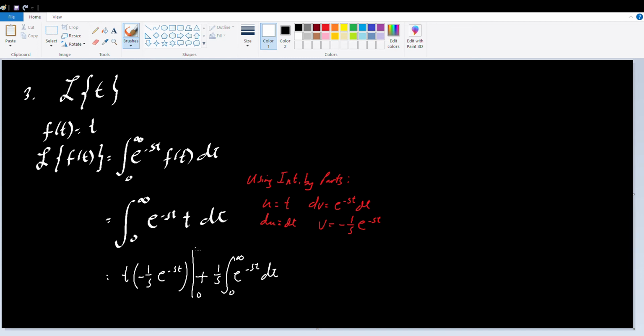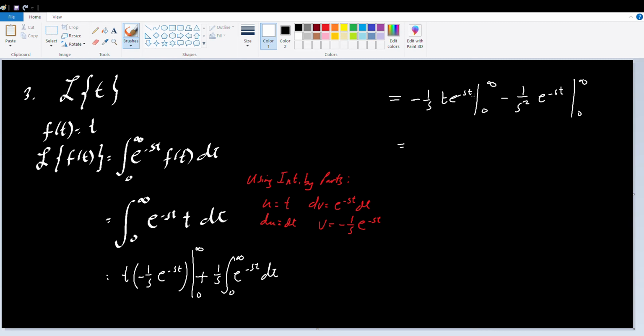So that will be negative 1 over s t e to the negative st from 0 to infinity. And the integral of e to the negative st is negative 1 over s, multiplied by 1 over s is negative 1 over s squared e to the negative st from 0 to infinity.